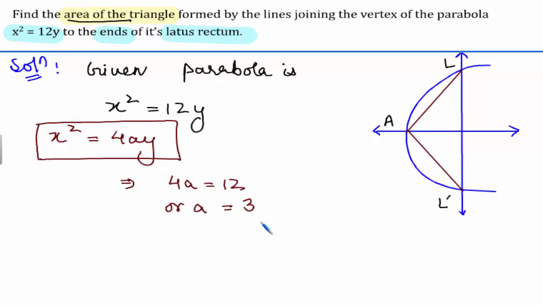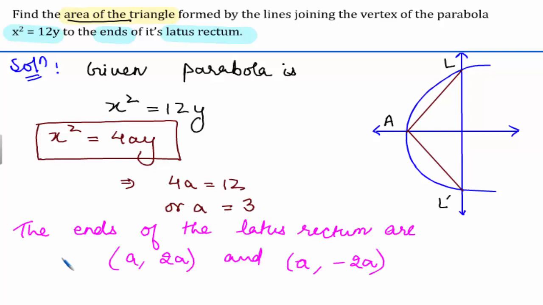Now we know that the ends of the latus rectum of a parabola are given by a comma 2a and a comma minus 2a, that is 3 comma 6 and 3 comma minus 6. So the coordinates of L dash are 3 comma minus 6 and the coordinates of L are 3 comma 6.